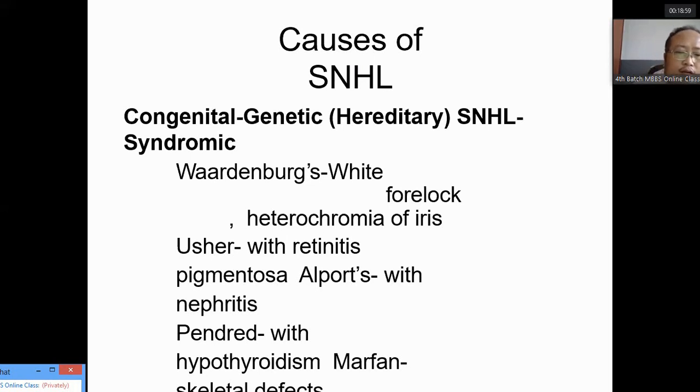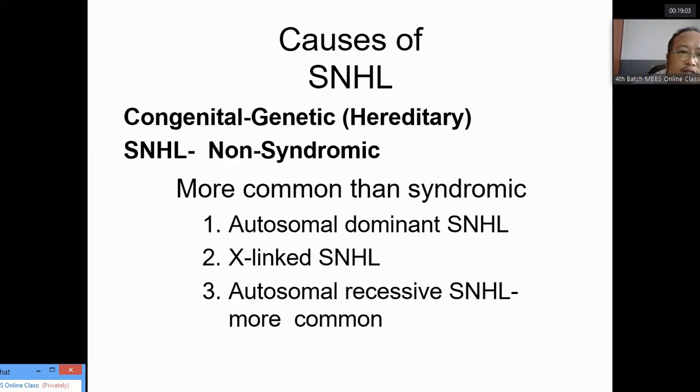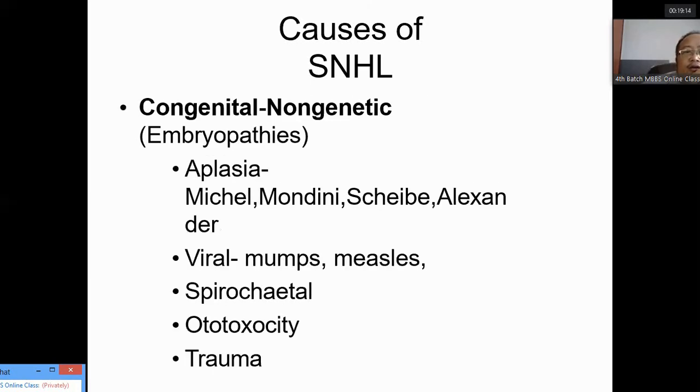These are a few genetic or congenital causes of hearing loss, and non-syndromic might be autosomal dominant, X-linked, or autosomal recessive type of hearing loss. Congenital non-genetic would be aplasia of the cochlea, with different cases like Mondini type of dysplasia.